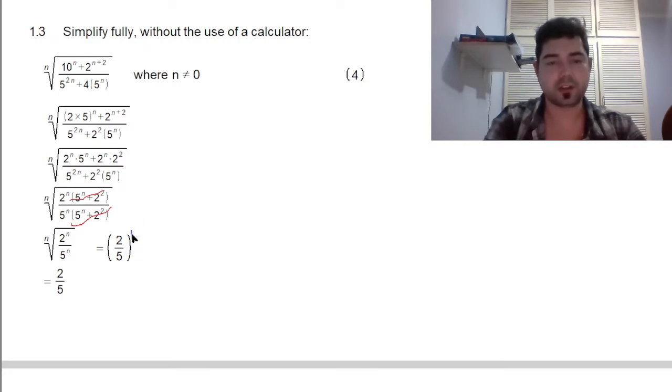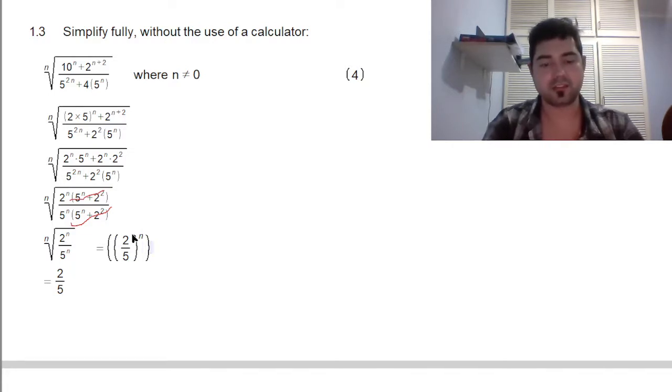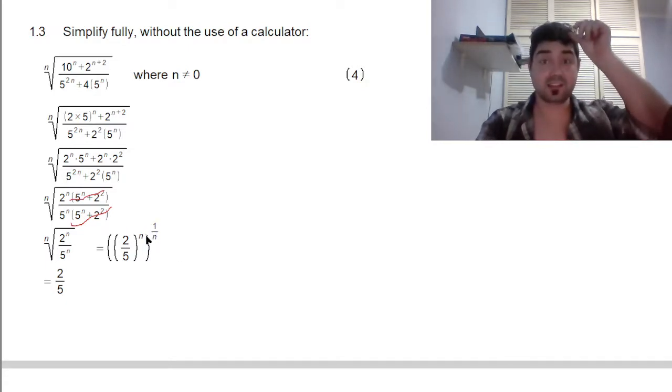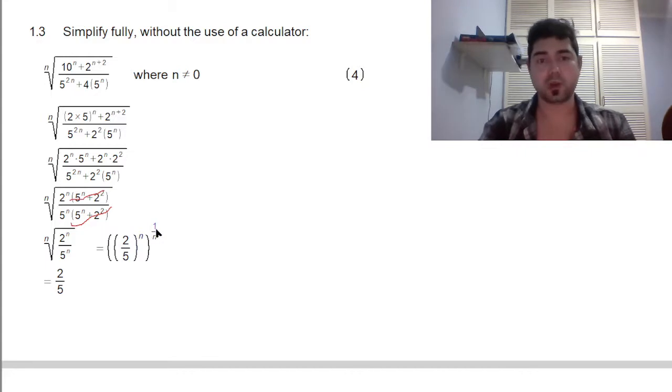Let's leave the 1 over n for now. We can take out that power of n for now. And then also, we can rewrite that nth root as a power of 1 over n. Okay, so now you can see here very clearly that the n and the 1 over n are going to cancel out and leave you with 1.